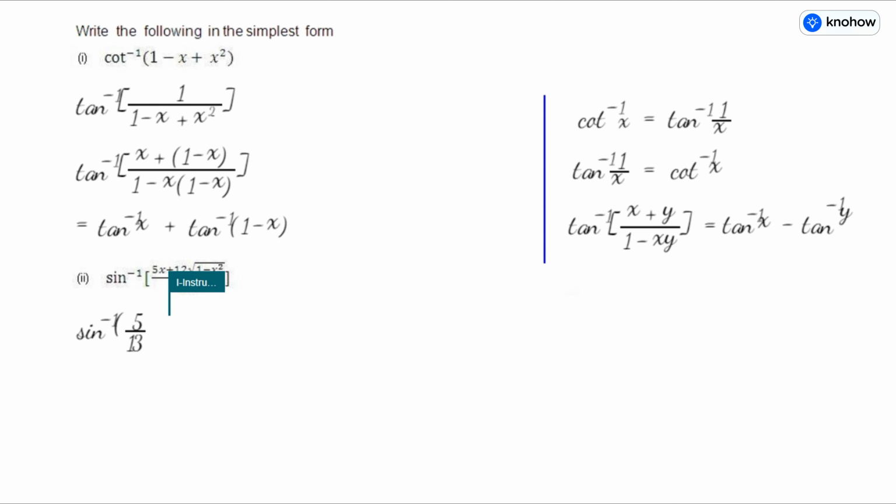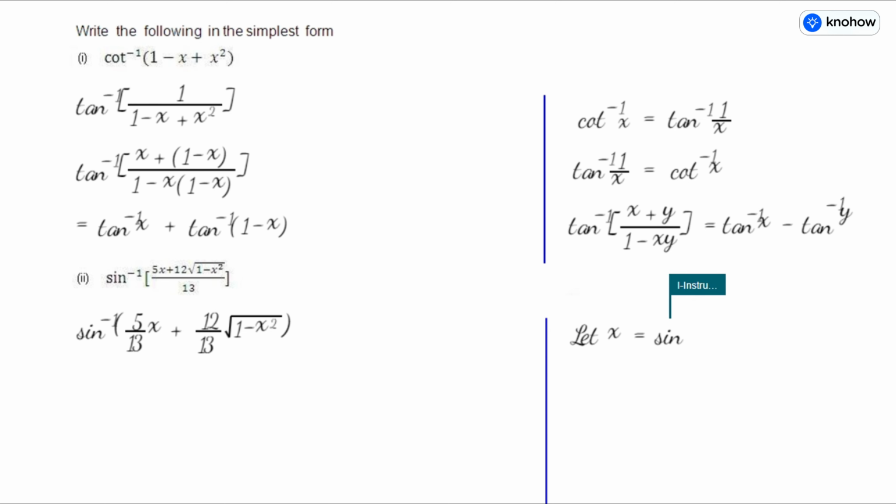You get 5 by 13 x plus 12 by 13 under the root 1 minus x square. We want something like sine theta here. Do you find a pattern like sine A cos B, cos A sine B kind? So let x equal sine theta. No doubt, finally we can replace theta by sine inverse x.